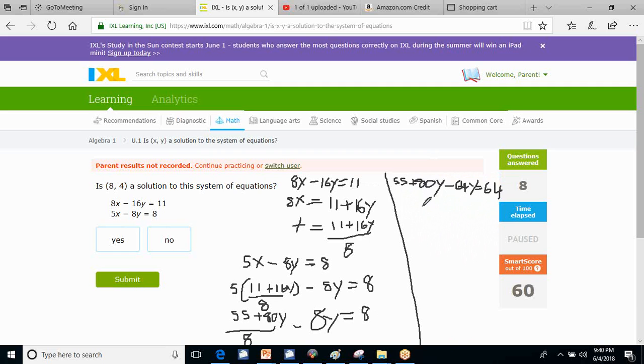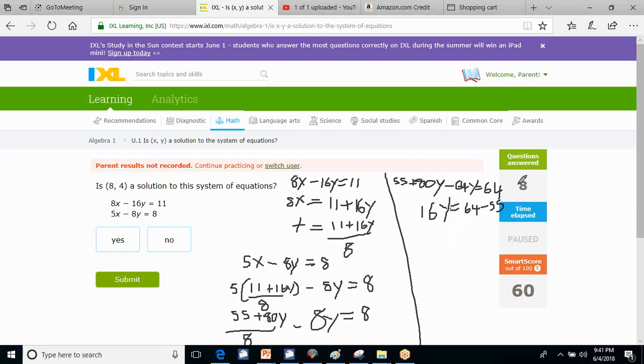Okay, so that's 16y, and then we're going to carry the numbers over here. So this is going to be 64 minus 55.